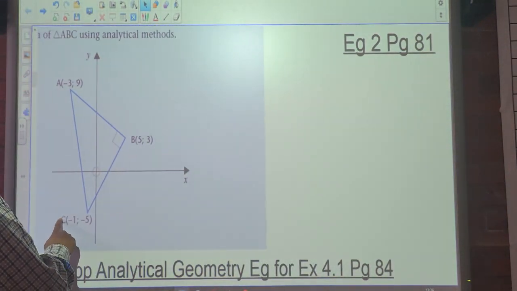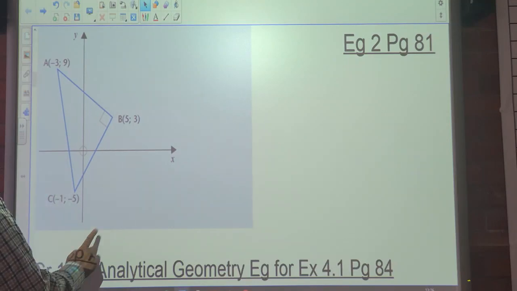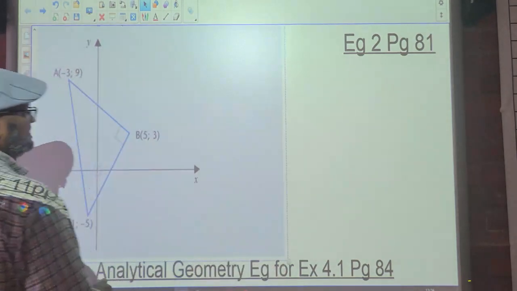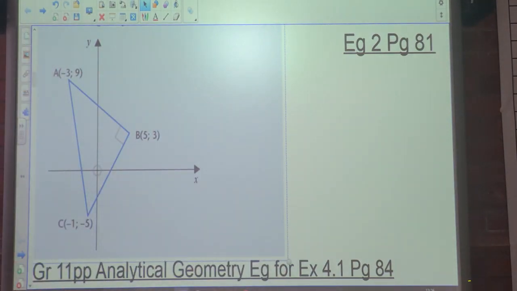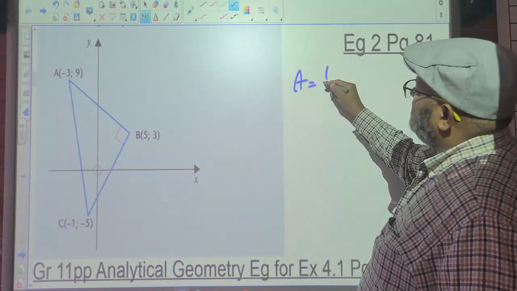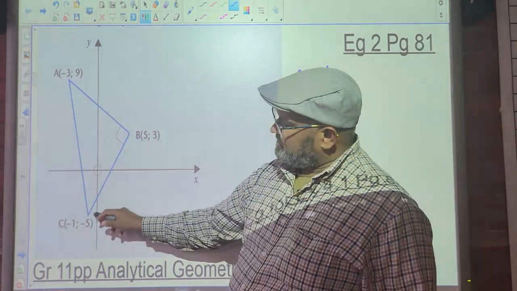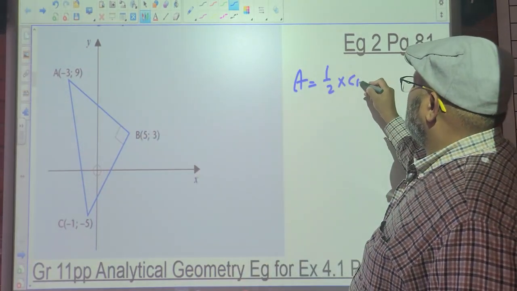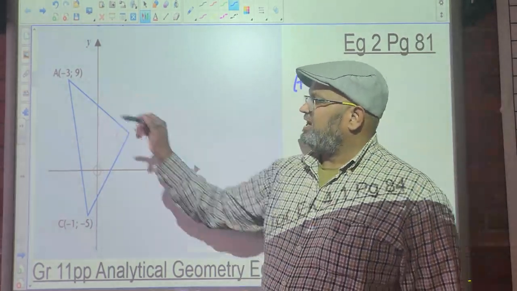Let's move that up there. Let's move this over. We know you must calculate the area, okay? So how do you calculate the area of a right angle triangle? Half base times height. So in other words, the area of this triangle is going to be a half. What's the length of the base? The base is going to be CB times the height, which is AB.